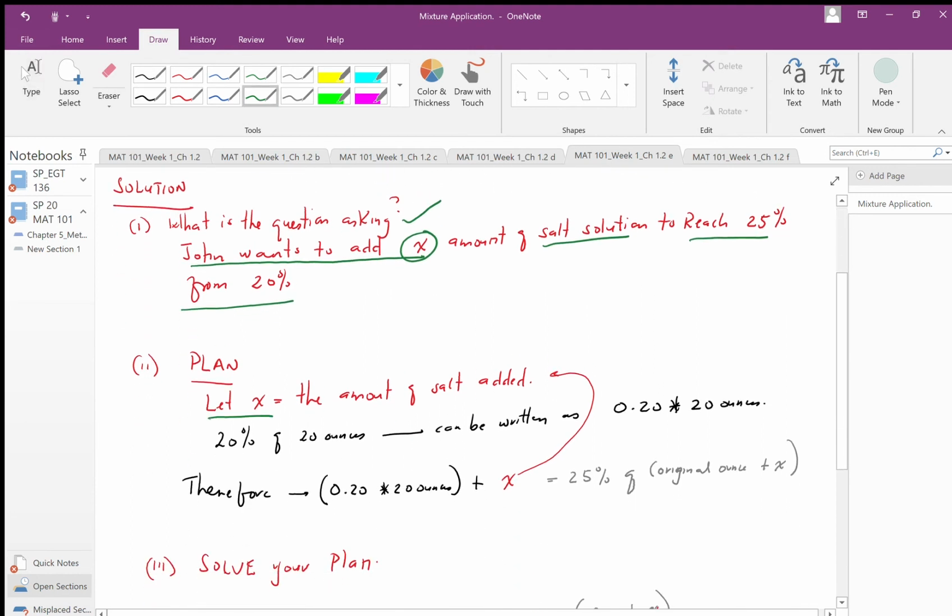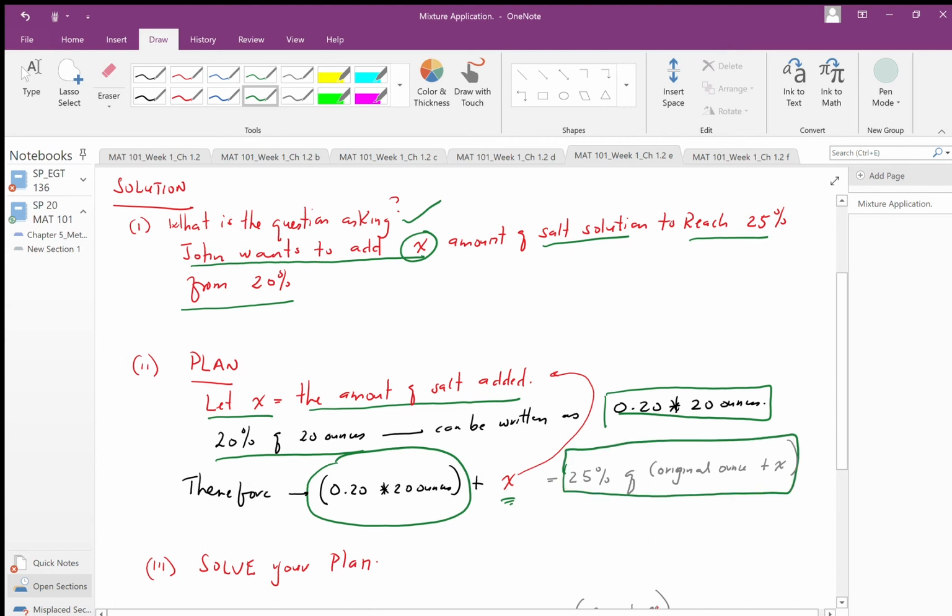Well, let X equal the amount of salt added. 20% of 20 ounces, of course, can be written this way, right? Therefore, you're going to have 20% of 20 ounces plus the amount of salt being added equal to the total amount that he wants to see.